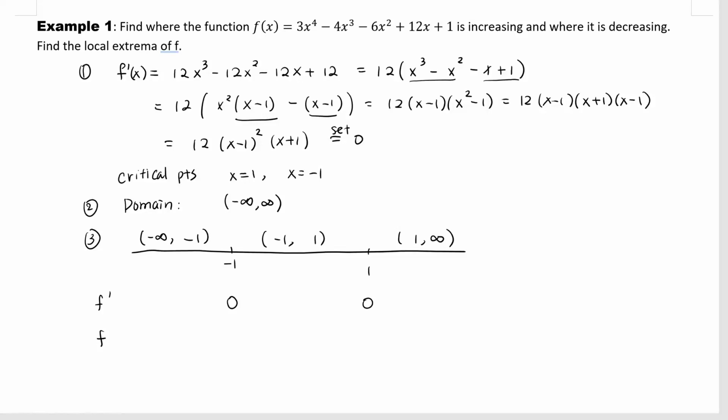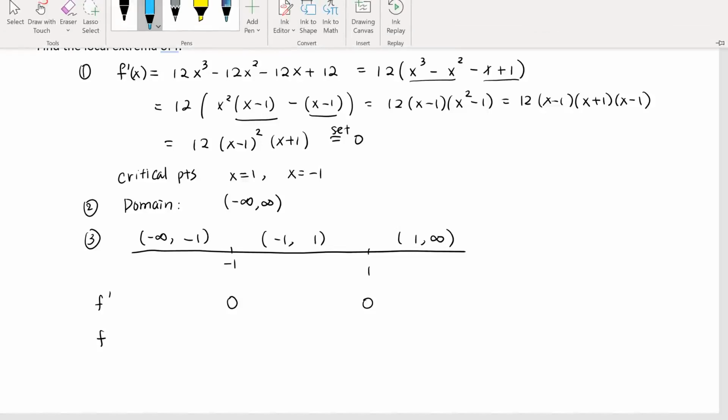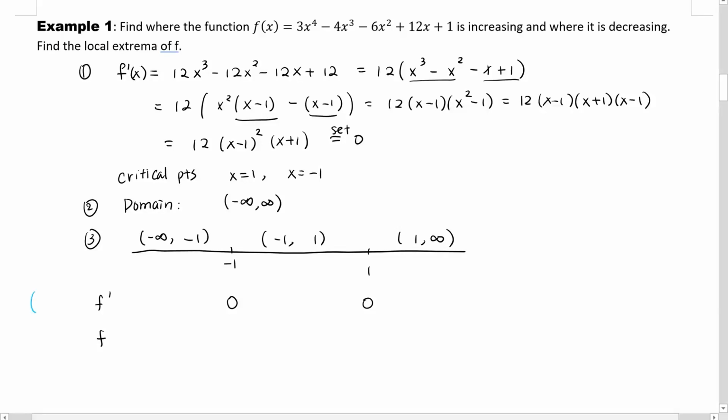I forgot to mention, for f prime, you want to fill in whether it is positive or negative. For f, we want to fill in either increasing or decreasing.